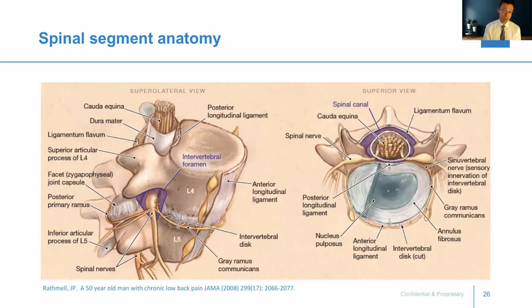This is a zoomed in picture of spinal anatomy. Focusing on this picture on the left, this is a diagram of the L4 and L5 vertebral bodies, which contact each other at this L4-5 intervertebral disc. This opening is where the L4 spinal nerve exits the spine.